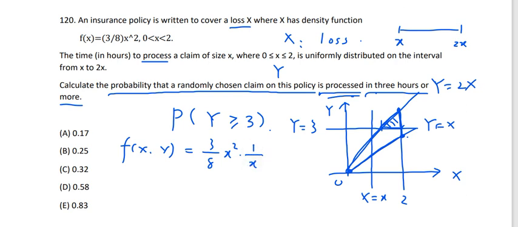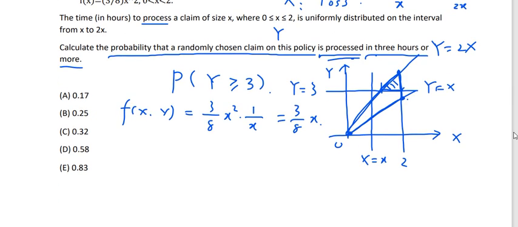So this equals 3 over 8x. This is the joint density function.